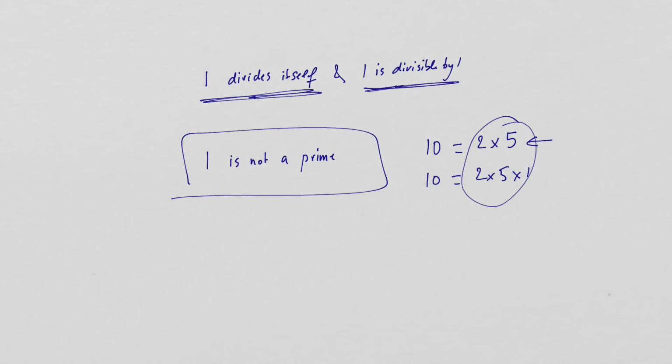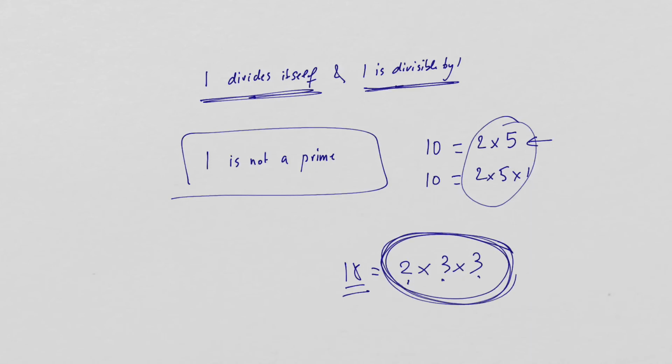So it's called the prime factorization, that every composite number can be written as the products of primes in a very unique way. 18 can be written as 2 times 3 times 3. Prime, prime, prime. And there is no other way to write 18 using primes other than these primes. But if we let 1 be a prime, you could write it like this. You could write it like this. You could write it like this.